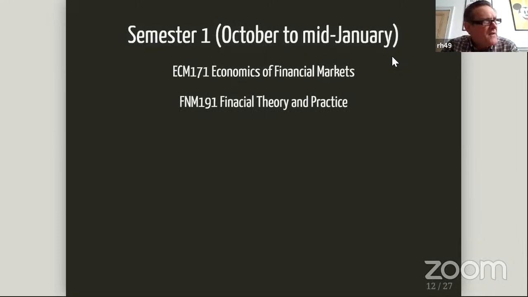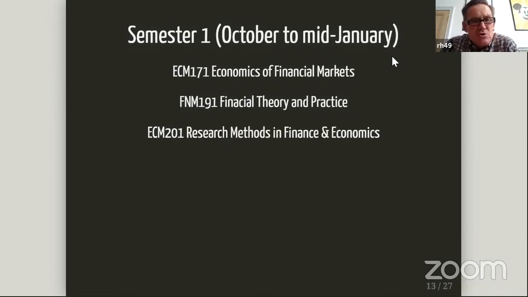We also have FNM 191, which is financial theory and practice. So this is about finance. It's about corporate finance. It's also about financial management. It is about the introduction to things like options and derivatives. And it's the basis for learning later about more on risk management.